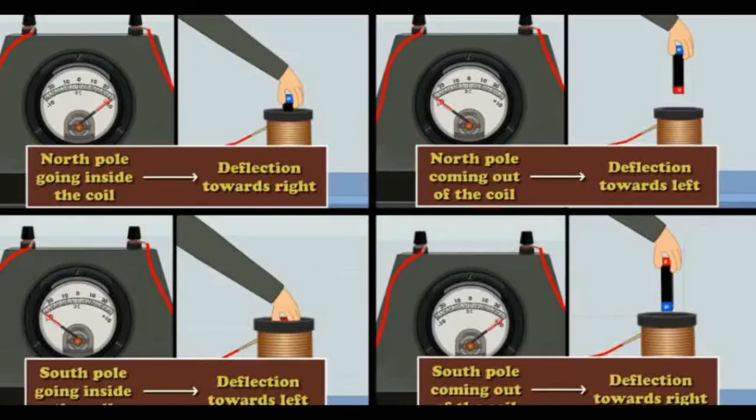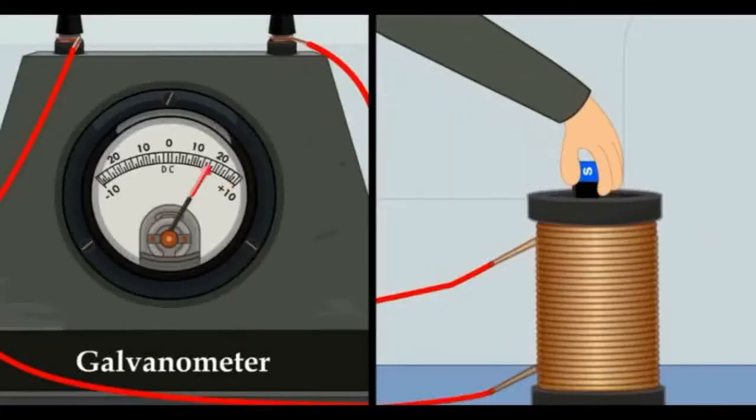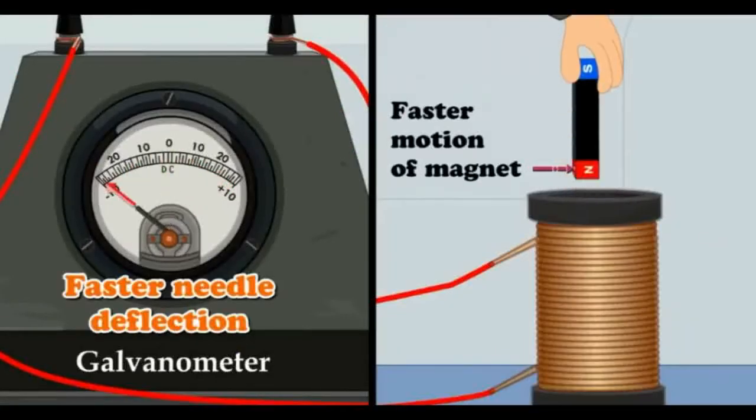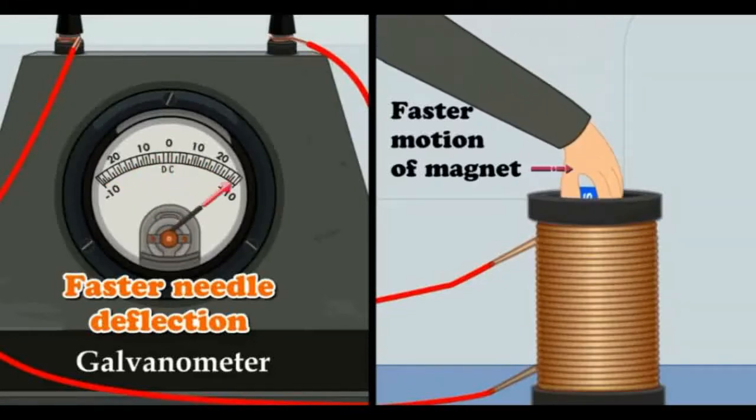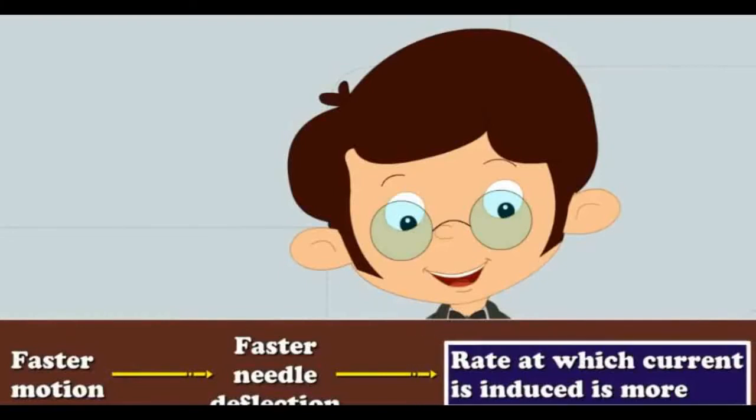So these are things that we can infer from this experiment. The faster the motion of the magnet, the faster the deflection of the needle, and the rate at which current is produced is more, because a deflection in the galvanometer means there is a current produced. So the faster the motion, the more current is produced.